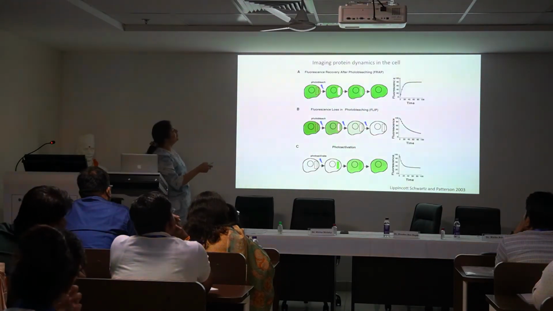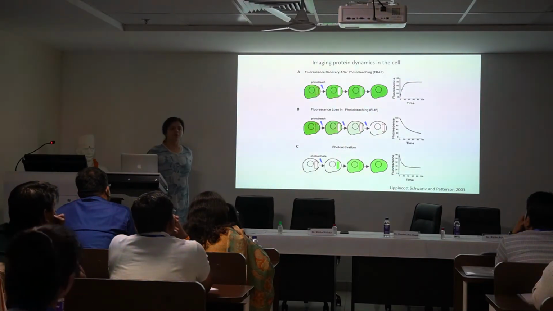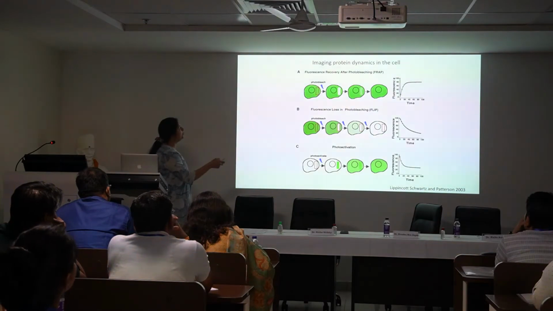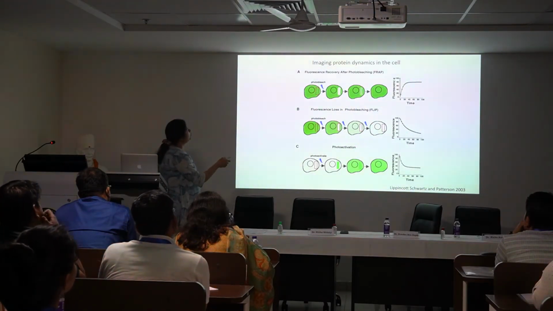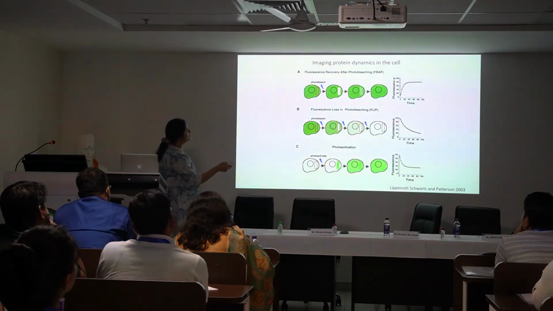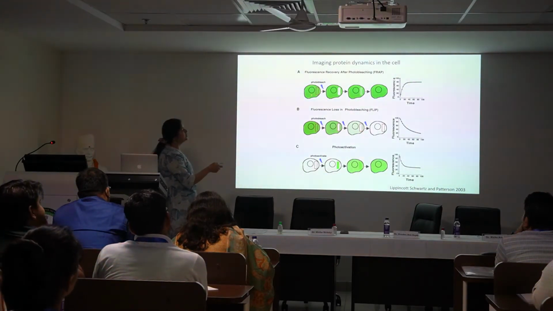So one knows that with the advent of GFP and tagging of GFP to proteins, one could begin to look at protein dynamics inside the cell, right? So one can do, for example, these different methods like FRAP, FLIP, and photoactivation. So just briefly to see what's happening in FRAP. Let's say the protein of your interest is a cytoplasmic protein.